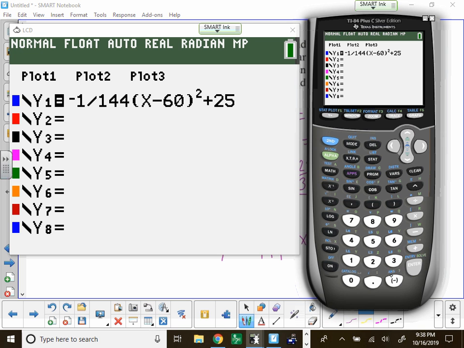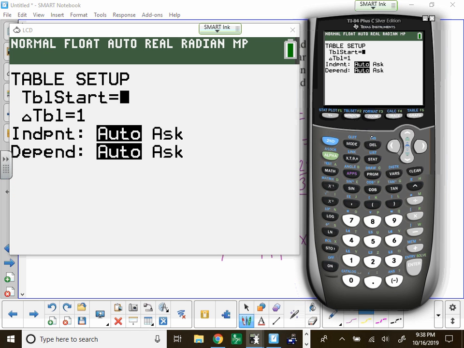Enter. And now, if you go to table set, which is above the window key, so second table set, we want to change it to ask. And now we can go to the table.